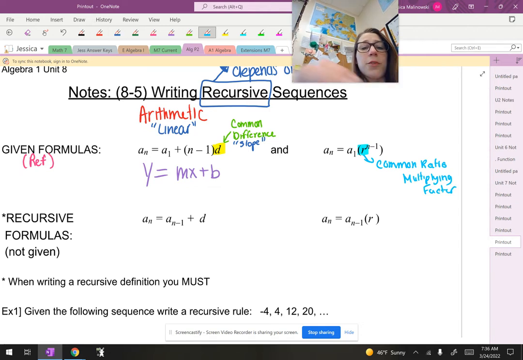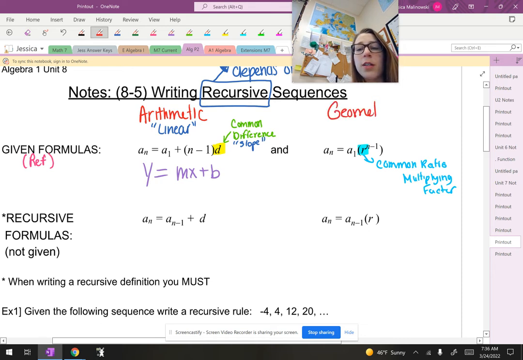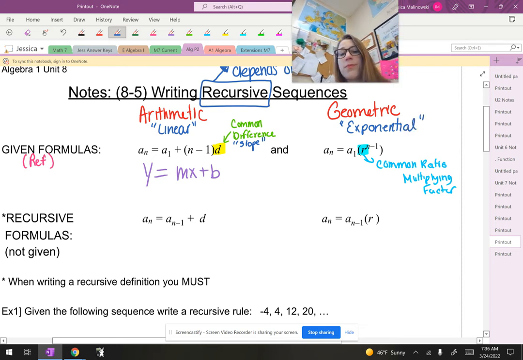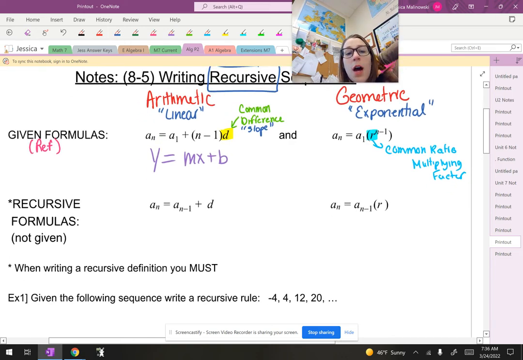Meaning, if there is a common ratio, if there is a multiplying factor, that makes this a geometric sequence because it's modeled after an exponential function. My apologies, exponential. And again, all these exponential equations are just some form of y equals a times b raised to the x power.